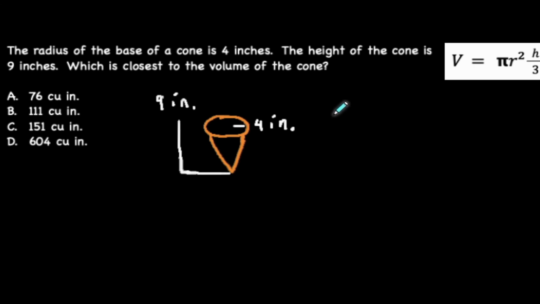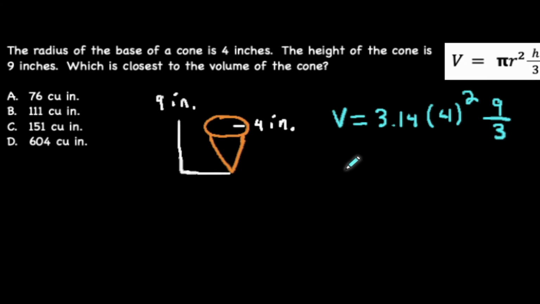So V equals pi, which is approximately 3.14, times the radius squared, and we know that the radius here is 4 inches, multiplied by the height, 9 inches, divided by 3.